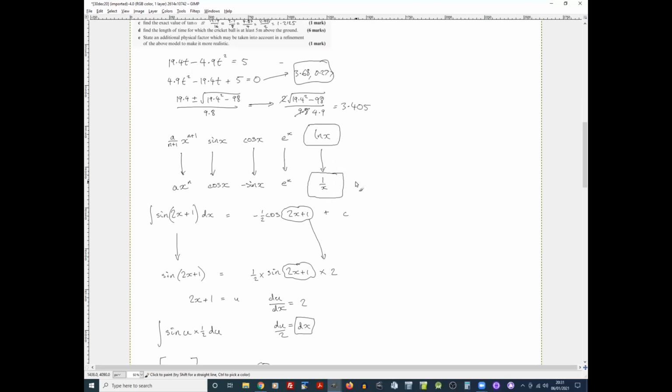Yes, the log x and then 1 over x. So if you're integrating 1 over any inner function, where the outer function is 1 over something, then you're going to go up to log of the inner function. And then of course on the way down, you will be multiplying by the derivative of the inner function, which is f dashed.